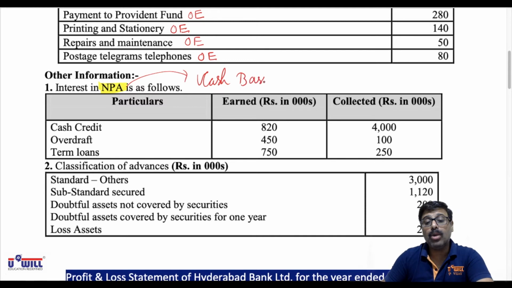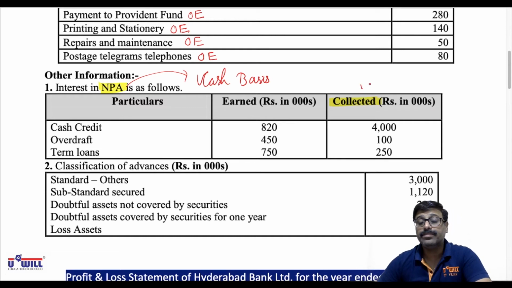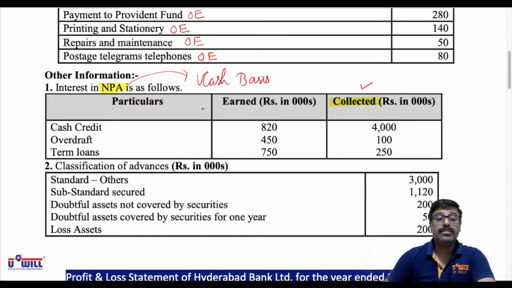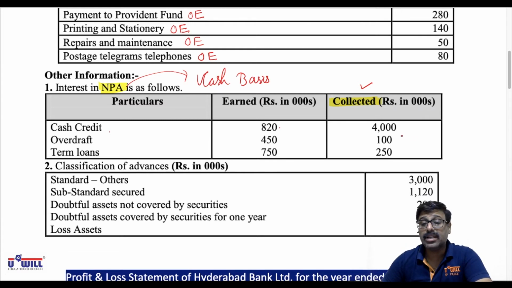It means only the amount which is collected or received must be taken into consideration. Cash credits: interest earned is 1820, collected 400. Make a correction, it's not 4000, cancel that, it's 400.